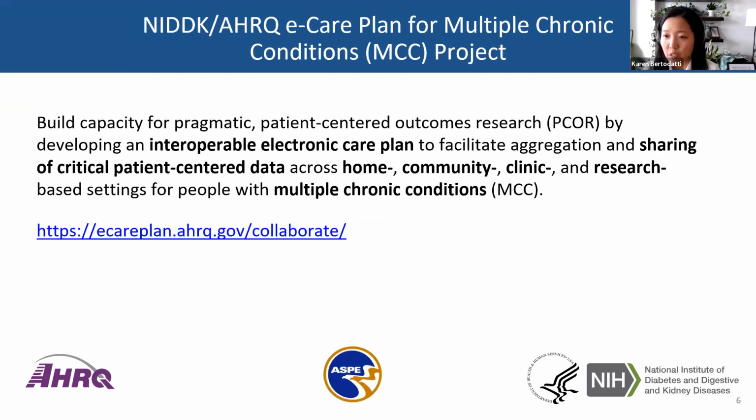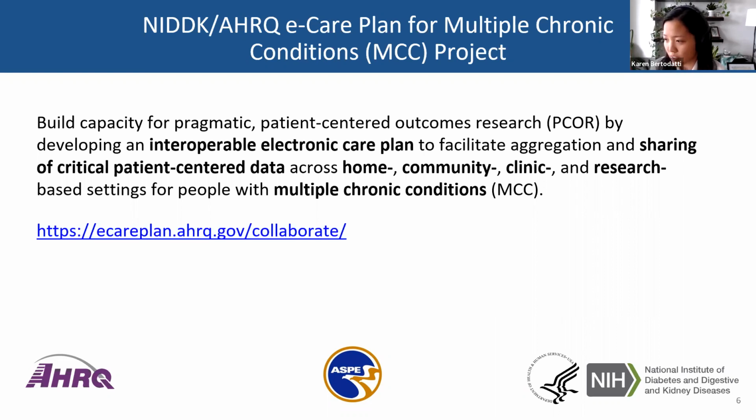And that brings us to the primary objective of this project. So the multiple chronic conditions eCare project is co-led by the Agency for Healthcare Research and Quality, as well as NIH, National Institute of Diabetes and Digestive and Kidney Diseases.